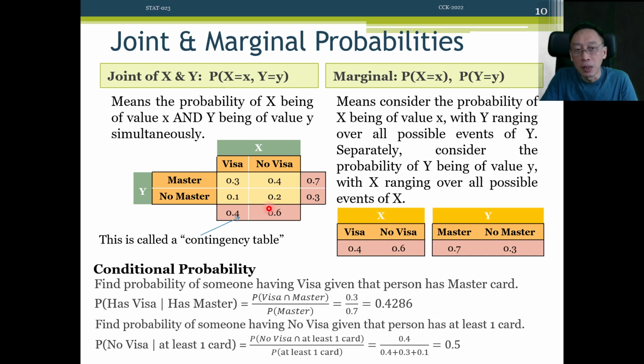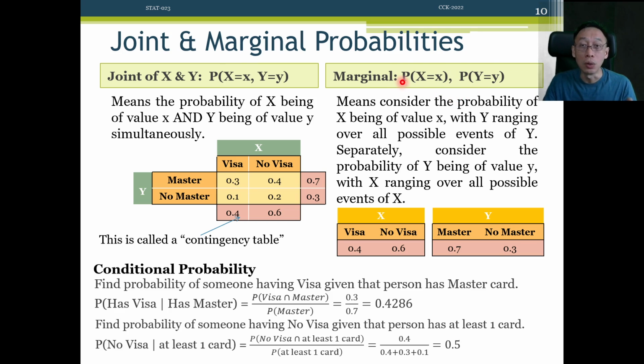Now, a bit of terminology. The beige colored numbers here are the joint probabilities of x equals a certain value and y equals a certain value. At the fringe here, these are called the marginal probabilities, relative to the presence of the joint table here. The marginal probabilities just involve one variable. I put a comma here, meaning I'm talking about two marginal probabilities.